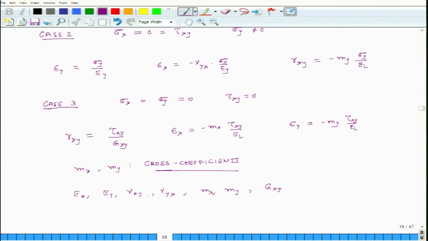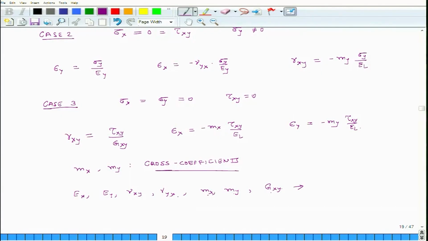So, we have 1, 2, 3, 4, 5, 6, 7 elastic constants. But we will later see that they are not necessarily mutually independent. We can express all these elastic constants in terms of the 4 fundamental elastic constants which we had discussed and defined when we were discussing a special orthotropic case. This is something we will explain.